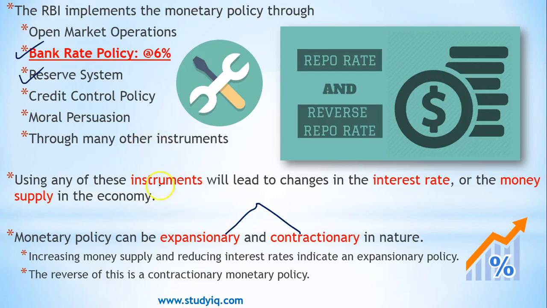In one, the supply or flow of money is allowed to increase, and you decrease the interest rate. So money becomes a bit cheaper, the flow will go up, and more money will be in the market. The other one is vice versa, the contractionary one, in which you increase the interest rate and the supply of money will come down.